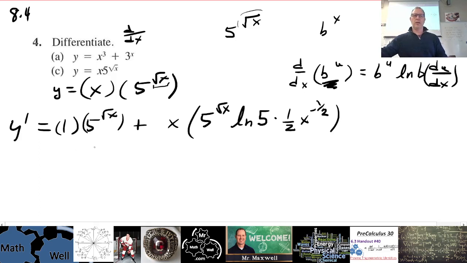All right. Okay, so we should simplify. If the question on the test said differentiate, do not simplify, you could stop right there, and that's all you have to do. Normally, we should simplify. So what I see here is we do have 5 to the root x as a factor in both terms. This is one big term here.